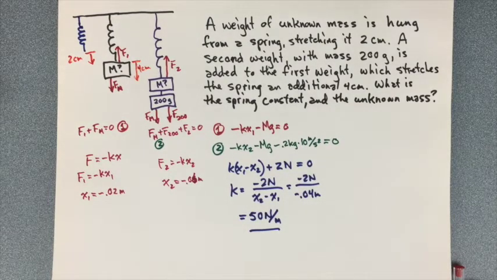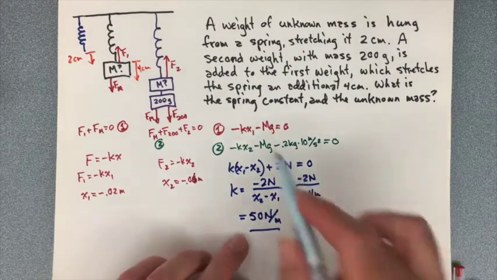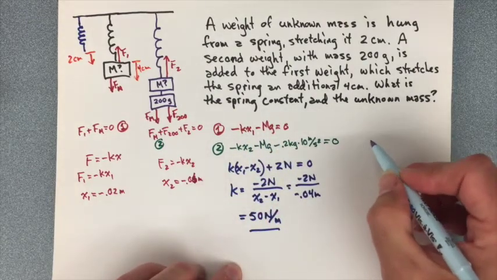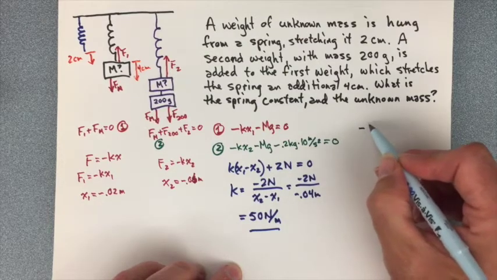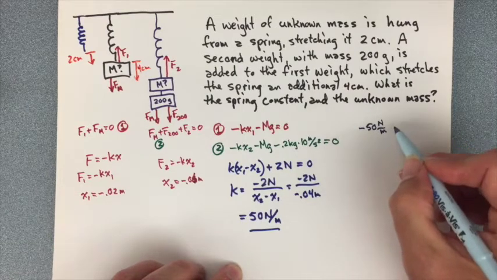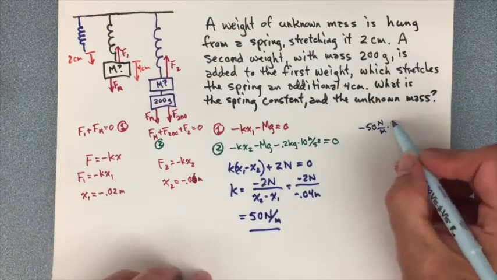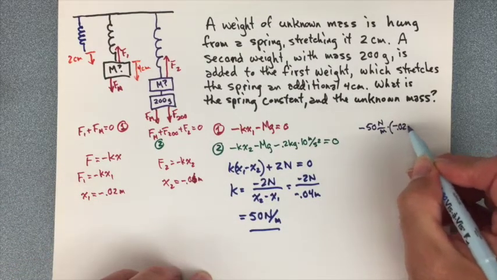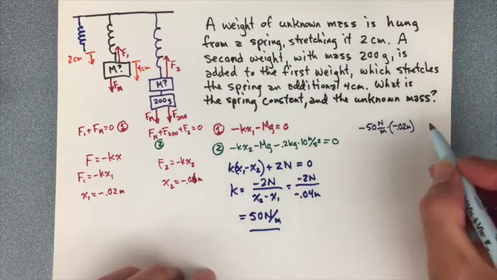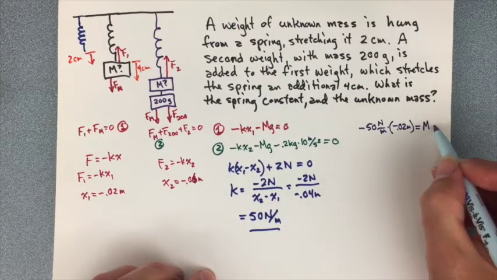Now I can take this result here for the spring constant and plug it back into here and solve for my unknown mass. So I have k, which is 50 newtons per meter, times x1, which we have right over here, minus 0.02 meters, is equal to big M times g.